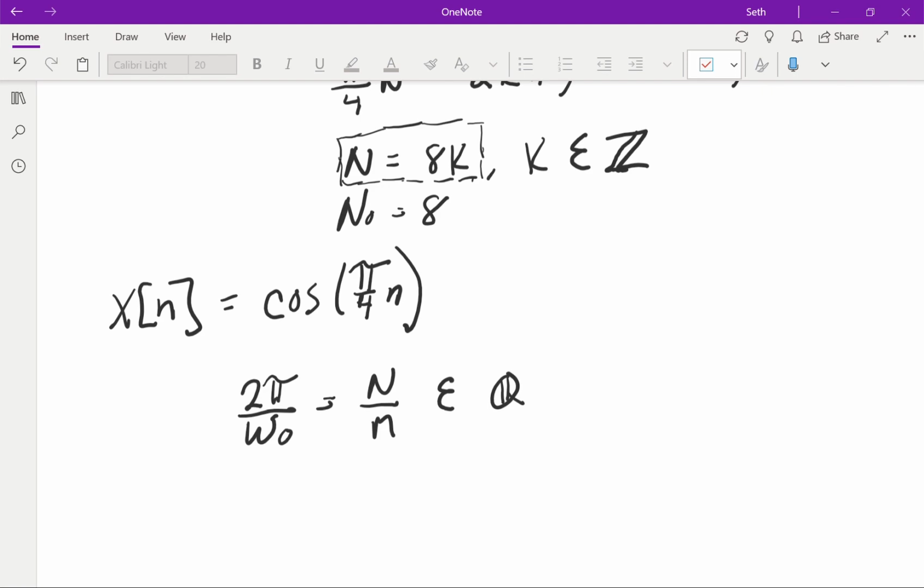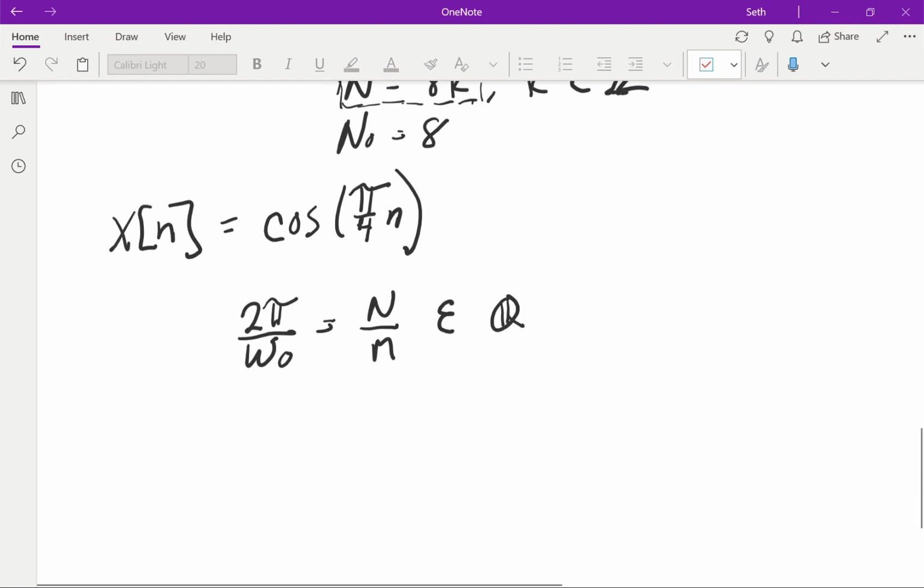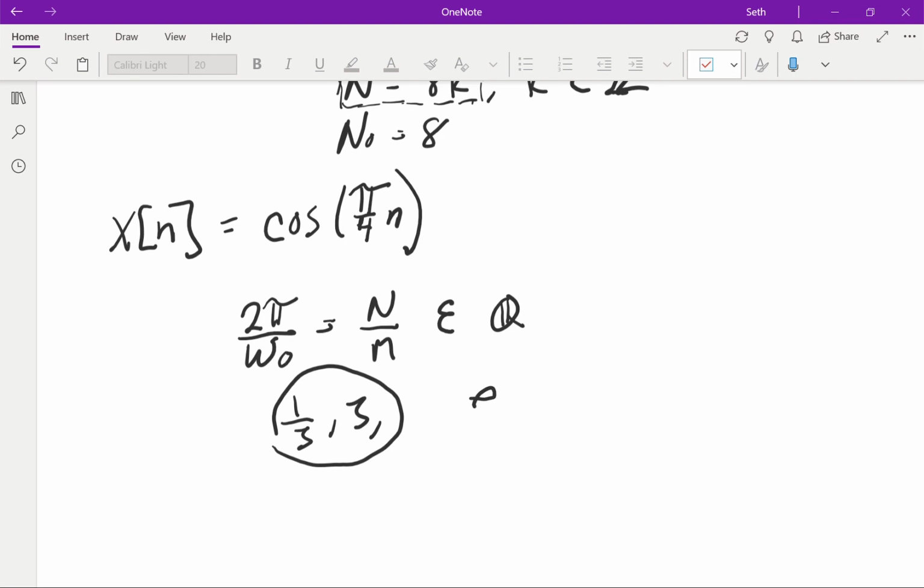And if you're unsure of what I mean by rational number, basically it's going to look something like this. It's got to look like that. Not that you would run into this, but if it was, say, e divided by 3, that's not a rational number.